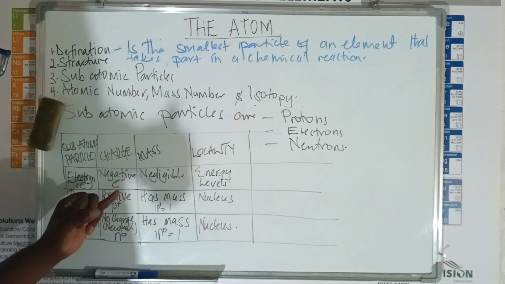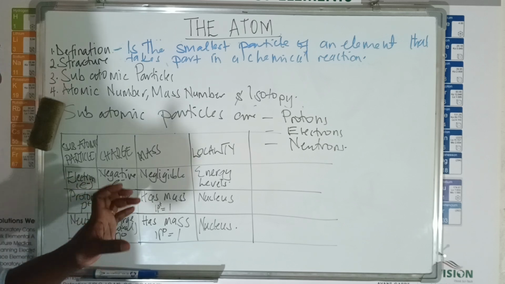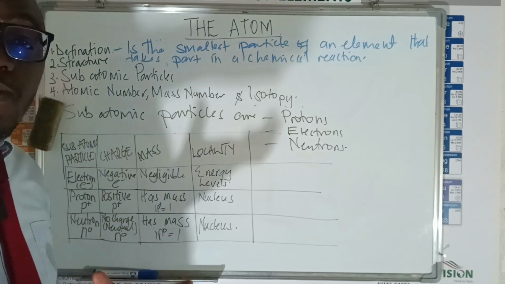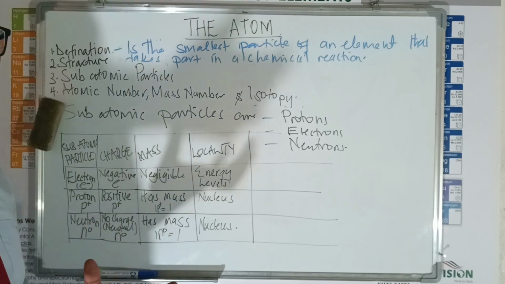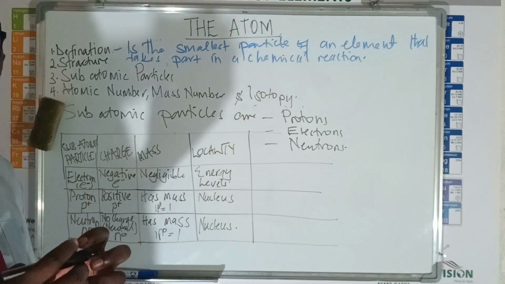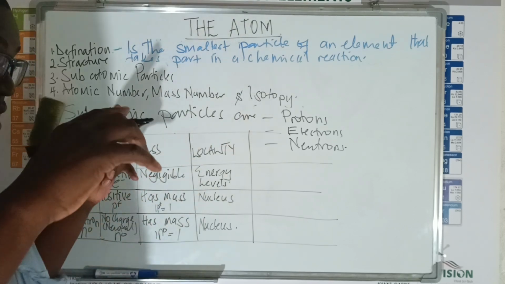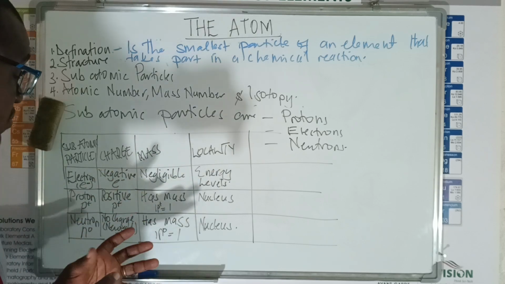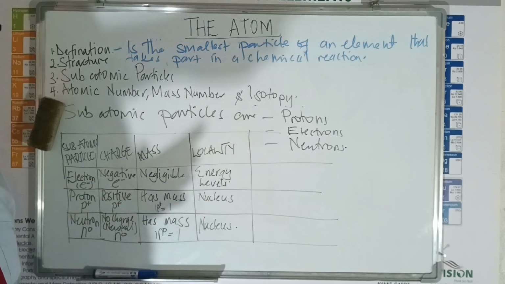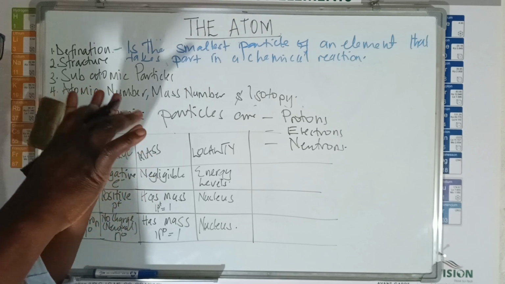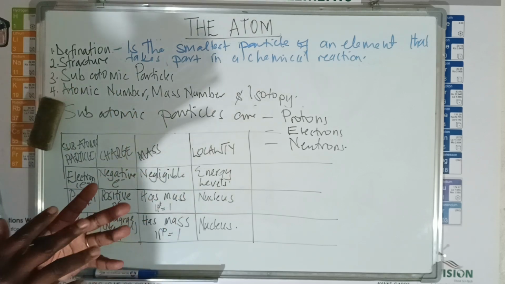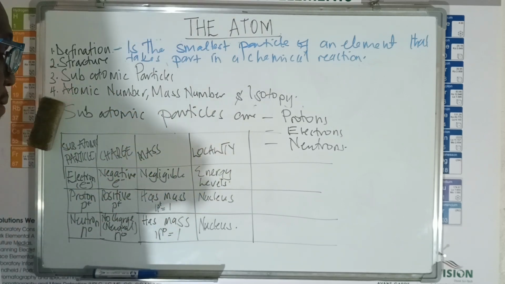So we are learning that the protons and the neutrons are found in the nucleus, and they're the ones with mass. So the mass of an atom is concentrated in the center, in the nucleus, because the energy levels around the atom have electrons which have negligible mass. So basically, the energy levels around an atom is like a free space. So I believe that is clear.